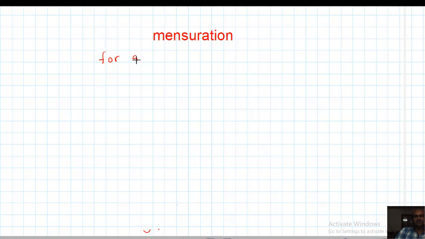For any prism, especially a right prism, LSA equal to base perimeter into height.